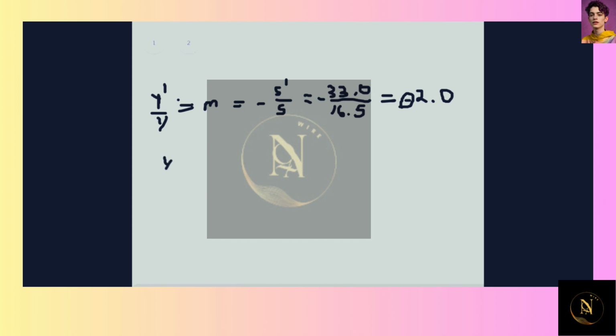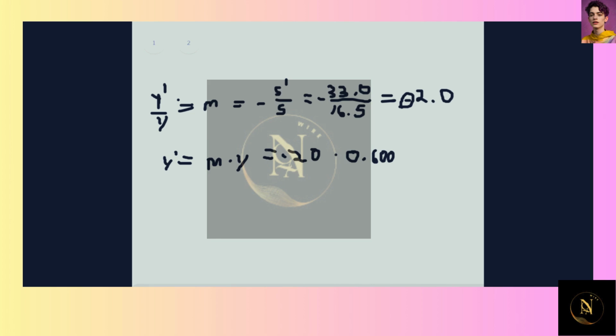So we know that y prime will equal m times y, where m is minus 2.0. And our original y, so the original size, is 0.600.